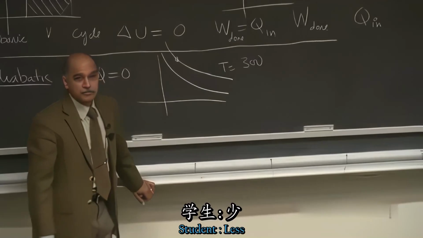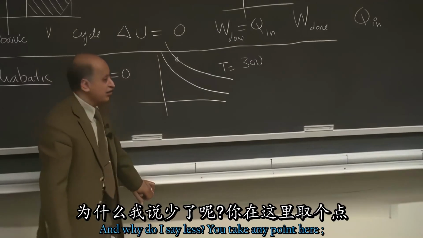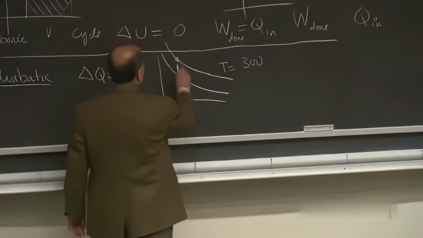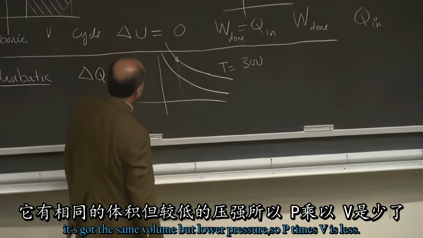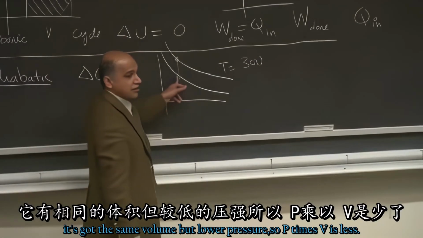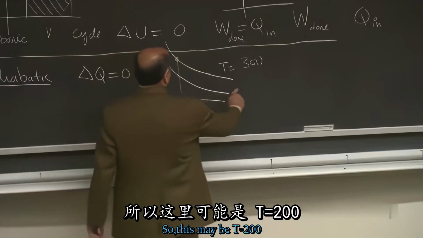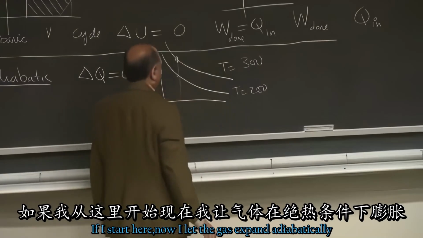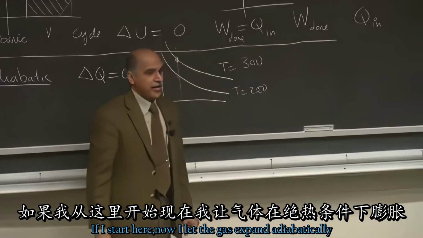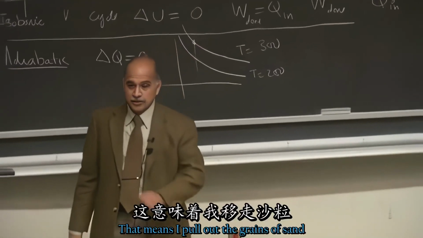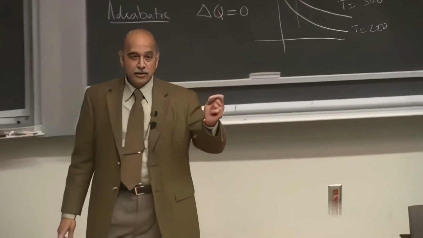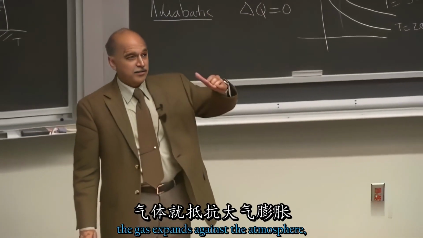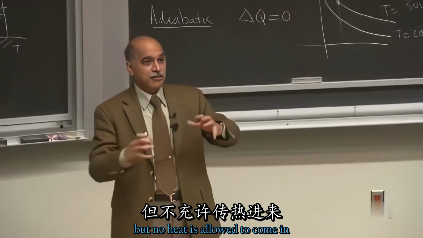Less. And why do I say less? You take any point here, it's got the same volume but lower pressure, so P times V is less. So this may be T equal to 200. If I start here, now I let the gas expand adiabatically. That means I pull out the grains of sand, the gas expands against the atmosphere, but no heat is allowed to come in.